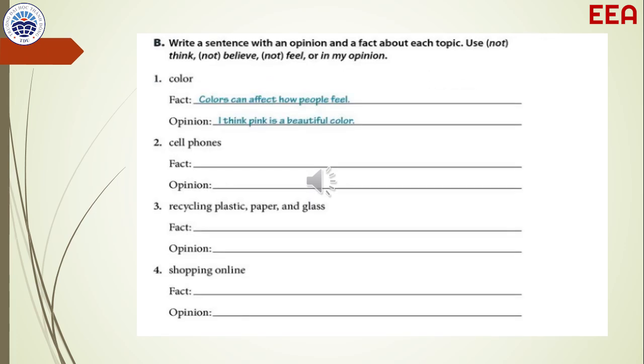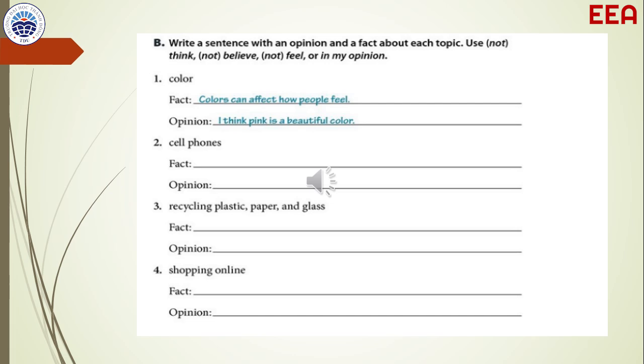Another interesting exercise about facts and opinion. What you have to do is to write a sentence with an opinion and a fact about each topic. You can use think, believe, feel, in my opinion. It means we have a topic.